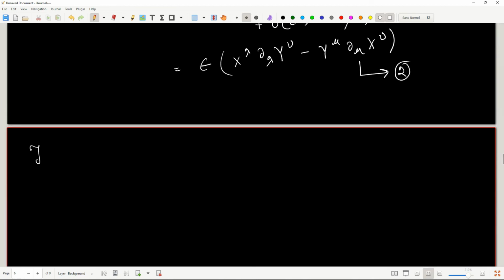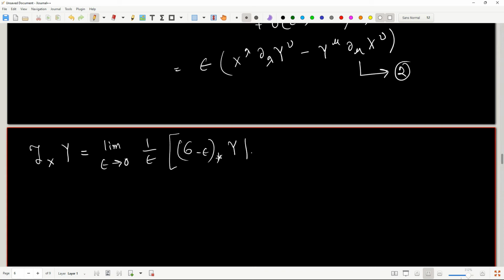Recall the Lie derivative of y along the flow of x was defined as the limit of epsilon goes to 0, 1 by epsilon, then sigma minus epsilon, which is a push forward of y at point x, minus y of x, like this. So we computed this quantity.